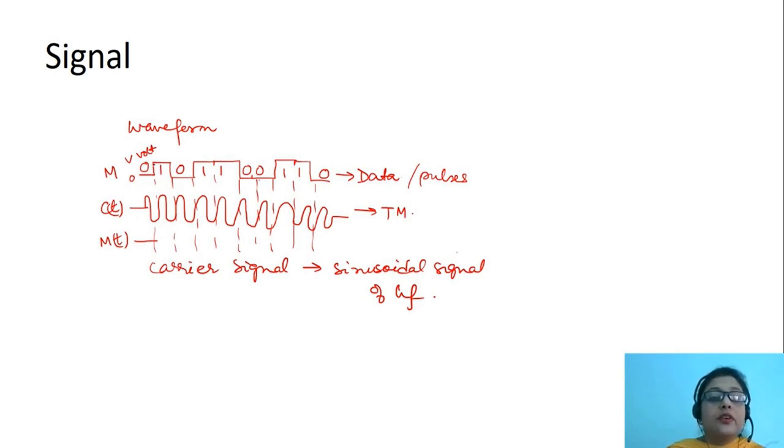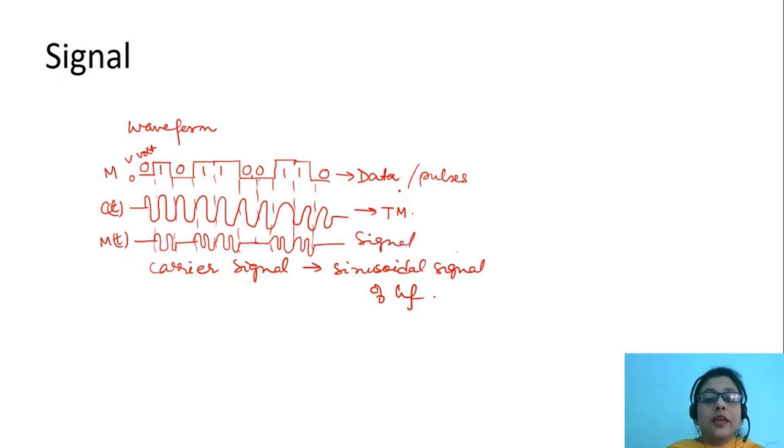Now whenever there is a 1 volt, whatever the value of the signal frequency is, this will be repeated here. Again we have 0, again we have 1 here. Again 1, 0, 0, then again 1 and 0. So we have been able to convert this data to a signal here.